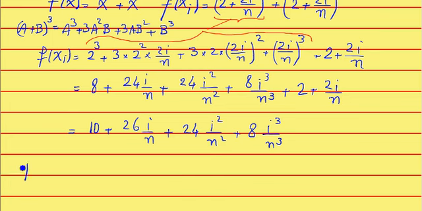Our Riemann sum is our delta x times f of the first point, f of the second point, all the way to f of the last point.